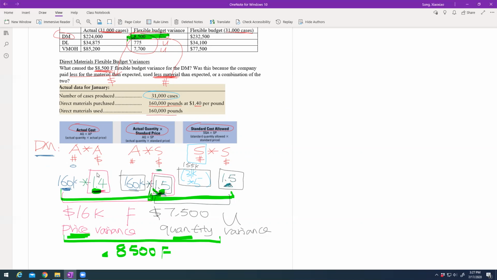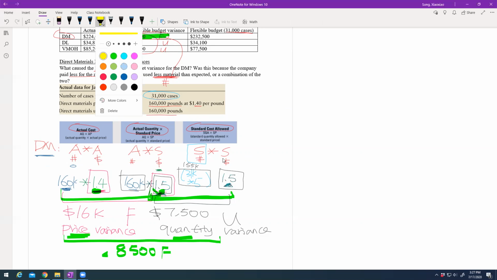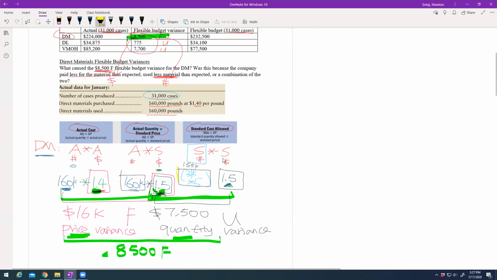How do you get these numbers? I believe after doing actual and standard, you should be able to calculate. All the parts are straightforward. If you ask me, professor, which part should I pay attention to, I would say this part you want to be a little bit careful, because you have to calculate this number by yourself. The standard quantity: we totally produced 31,000 cases.